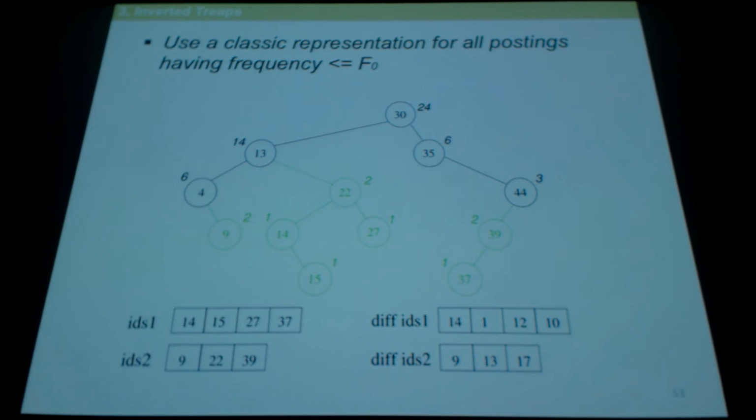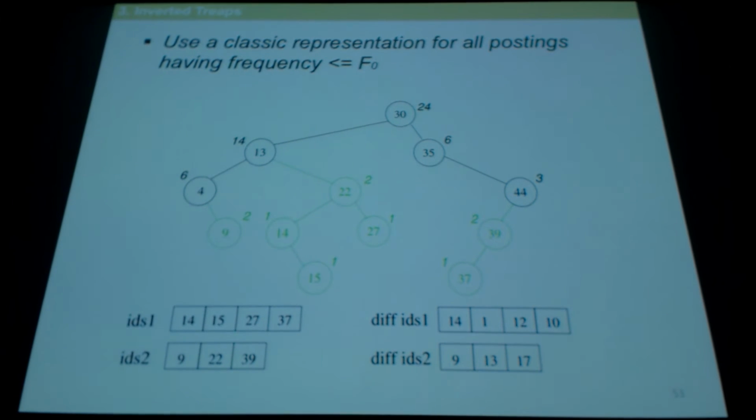So we define a threshold: everything below a certain frequency, we just represent using a traditional posting list. That's a very good trick because, at least on the datasets where I ran the experiments, 70% of the document IDs are below the frequency threshold of 3. So for most of the documents, the term occurs really few times.